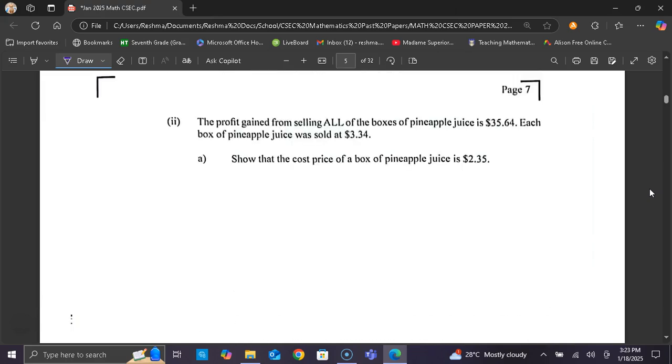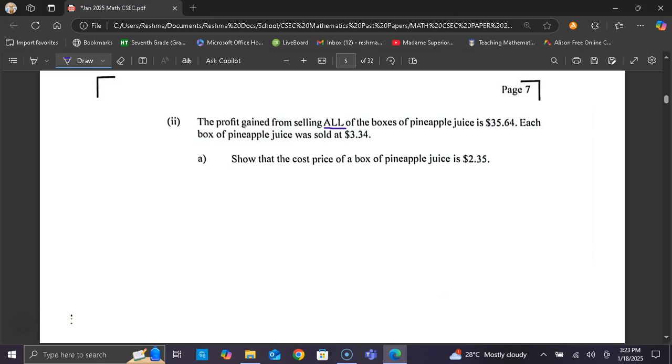Now the problem with this question is that they put in caps all of the boxes of pineapple juice, but they did not state how many boxes were sold, because remember, the boxes of pineapple juice are in a case with apple and orange, and they did not tell us how many cases were sold altogether. So altogether, we do not know how many boxes of pineapple juice was sold.